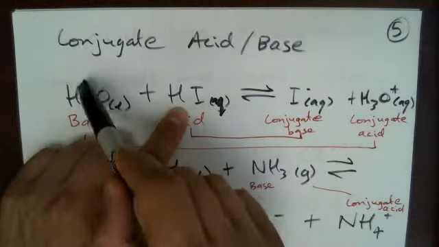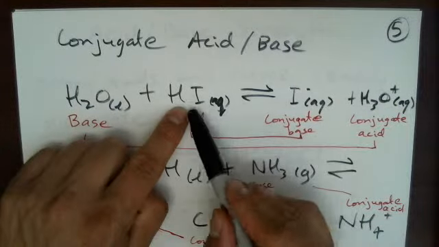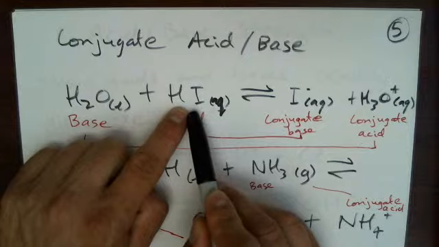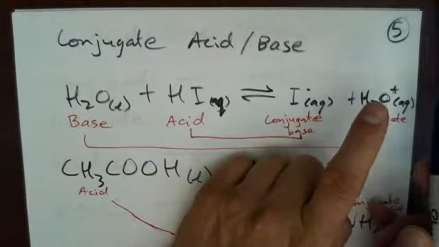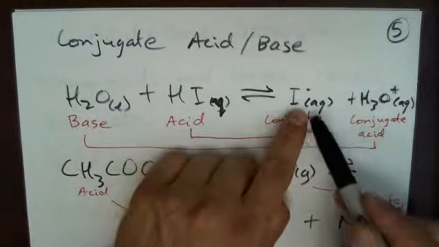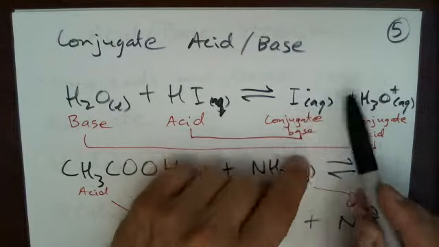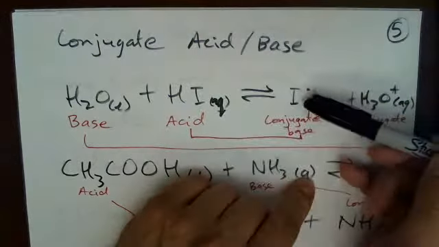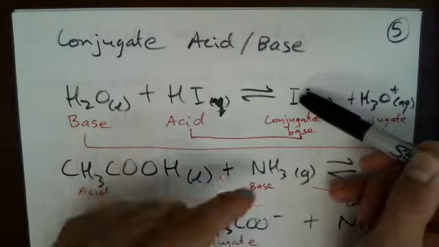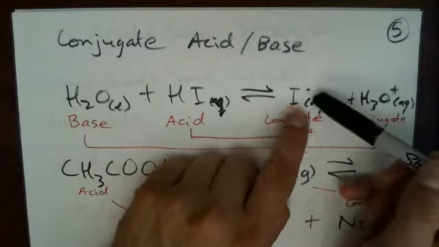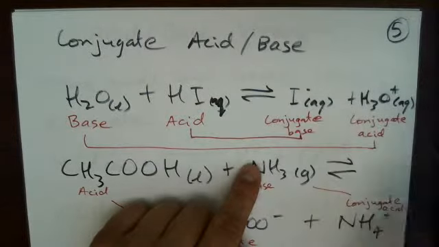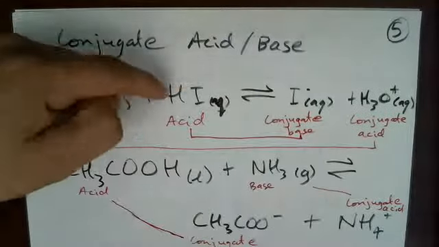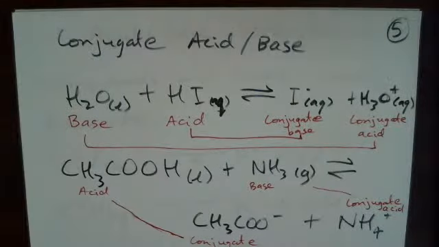It donates the H plus to this H2O, and so this is actually going to be the acid. The acid goes to the conjugate base because now we've just got the iodide, and if you look at going back the other way, the iodide can accept a proton, in this case from the H3O plus, and go back. That's why it's called a conjugate base. So conjugate sort of means exists in these pairs, like one complements the other.